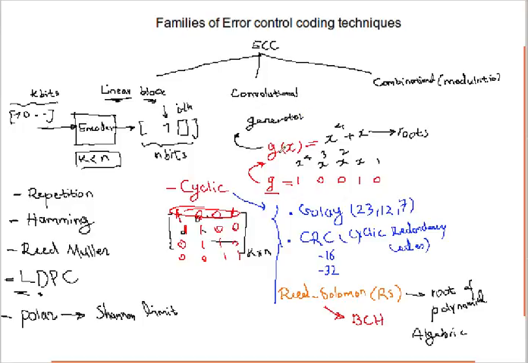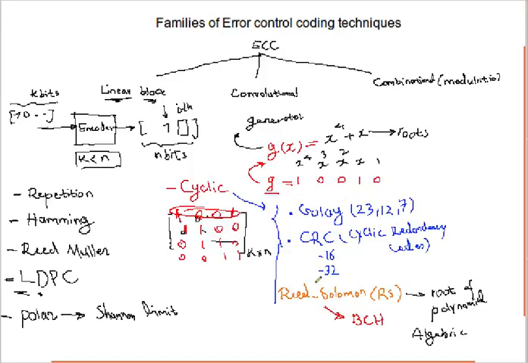What does it mean actually? G is the generator of your matrix or your code. So basically it's the idea of this kind of error control coding techniques. And BCH is just a special case of this.